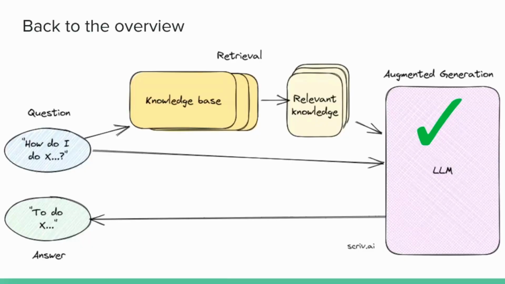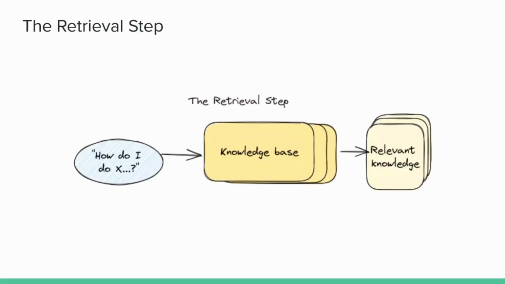Now we're going to talk about retrieval, and retrieval is where a lot more of the complexity and interesting stuff lies. What is going on here? What are we actually doing when we take somebody's question, put it into a knowledge base, and pull out the relevant snippets that we're going to give to the AI?